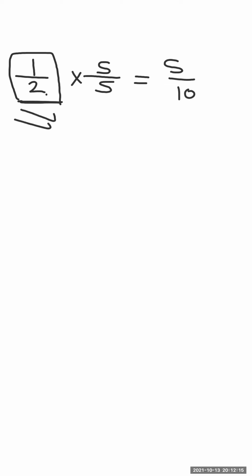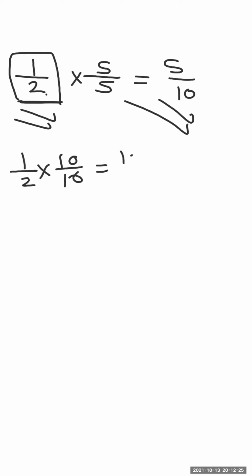So now 1 over 2 equals 5 over 10. It's the same value, but a different form. Also, I can multiply it by 10 over 10, so it will equal 10 over 20. Actually, this one equals this one equals 1 over 2. Different forms. This is the rational number density, which means the different forms of the number.